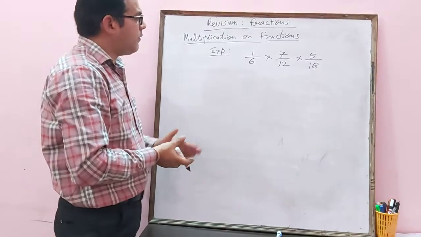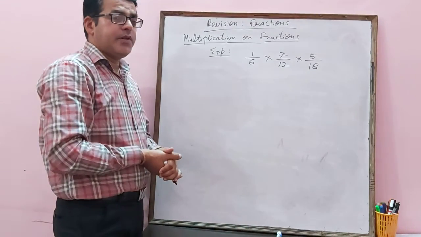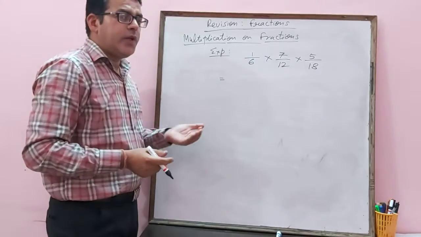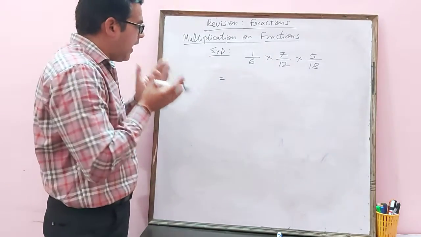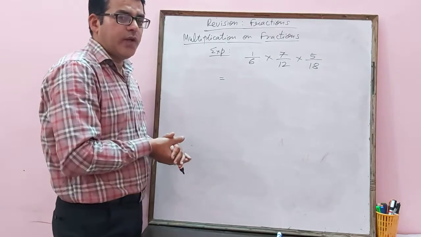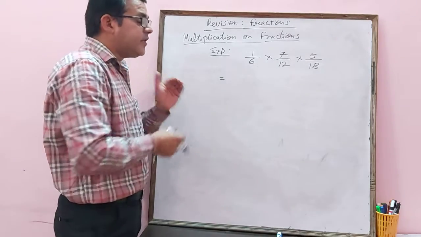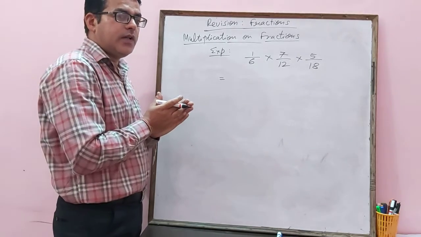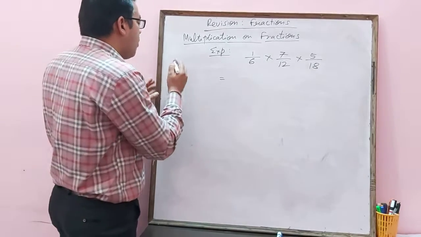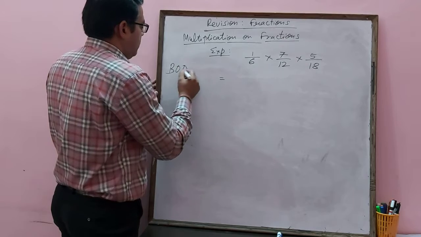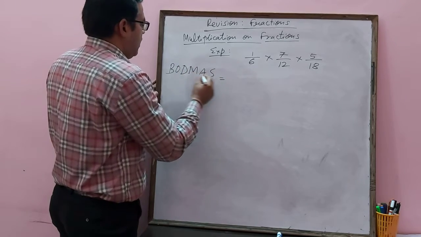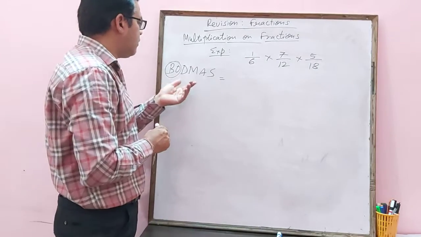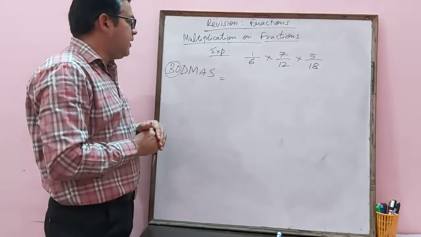Now three fractions I am taking together. How can we multiply? The rule is the same as we discussed for two fractions. It doesn't matter how many fractions we are multiplying together, right? But according to the BODMAS rule, bracket and of is not there, so we can also write it as the DMAS rule.